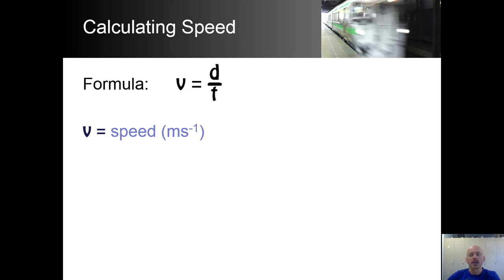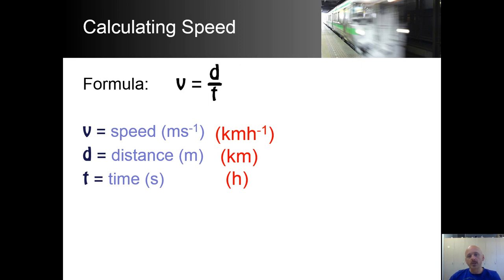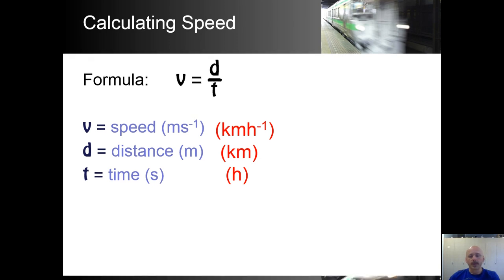The only difference is velocity includes direction. The d stands for distance, measured in meters. The t is time, measured in seconds. You can also have the units kilometers per hour, kilometers, and hours. It all depends on the questions you're asked.